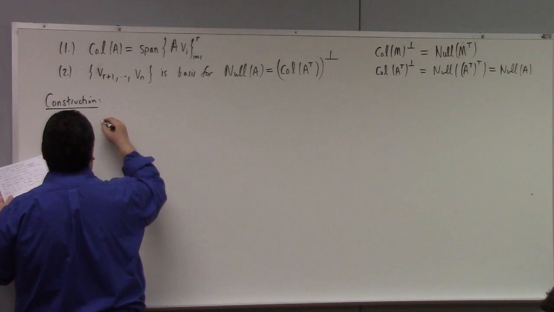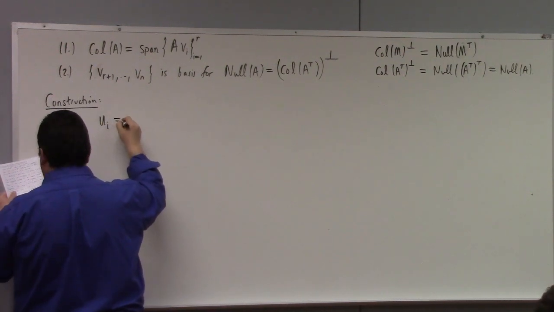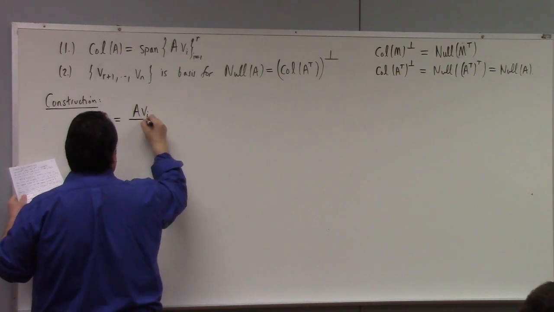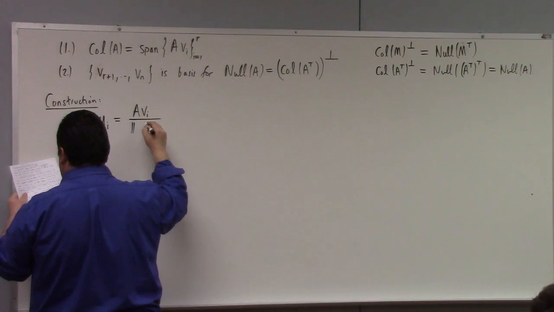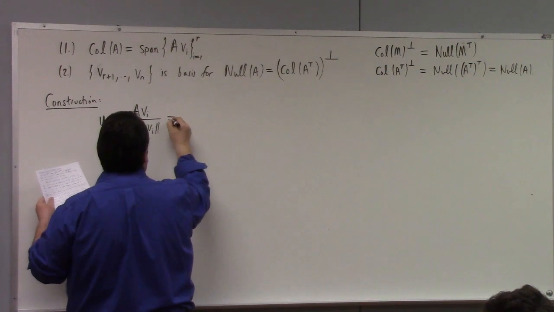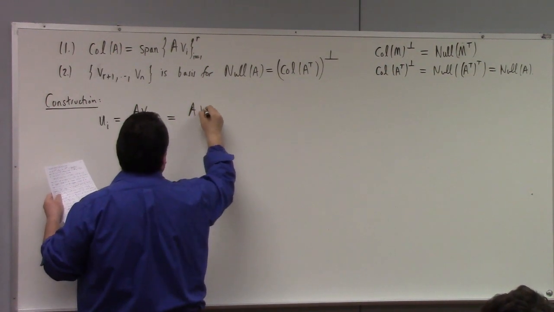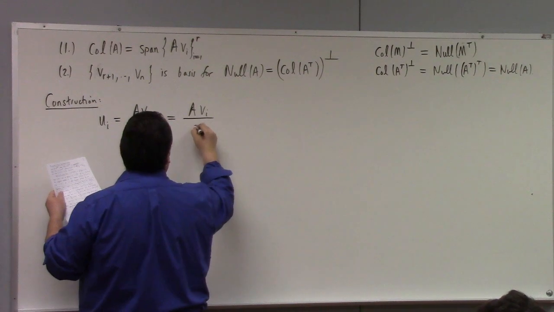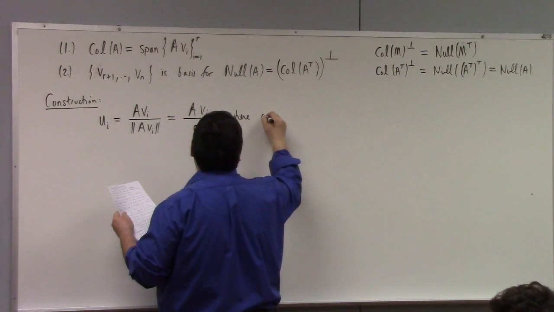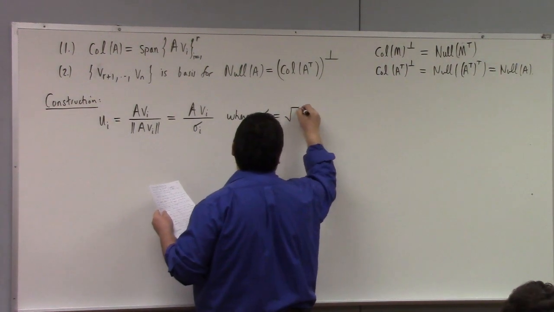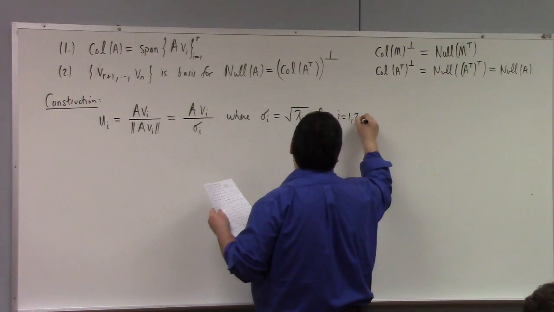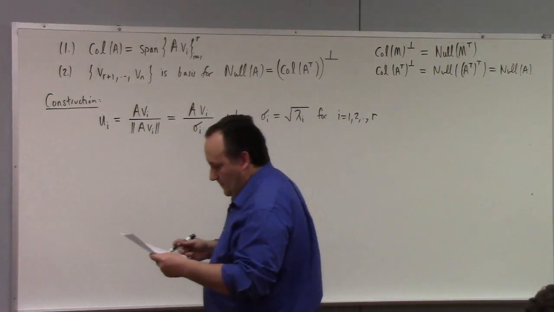So ui is equal to Avi divided by the length of Avi. All right? And that specifically is Avi divided by sigma i, where sigma i is equal, in fact, to the square root of lambda i for i equals 1 to r.